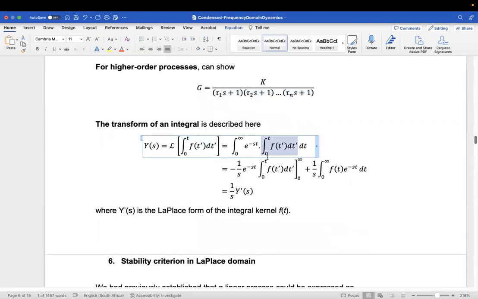So the inner integral goes from 0 to a current time t, and then the outer integration is integrating out over all times. And again, we can apply integration by parts and use f as e to the minus st and g as this. Apologies, I see we've actually done it the other way around. So this is our f function, and this is the g function now.